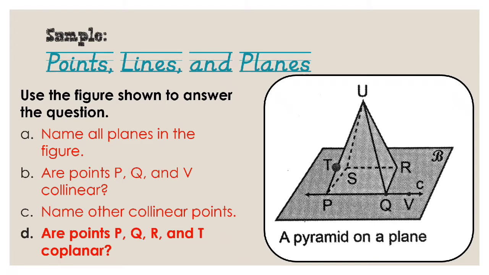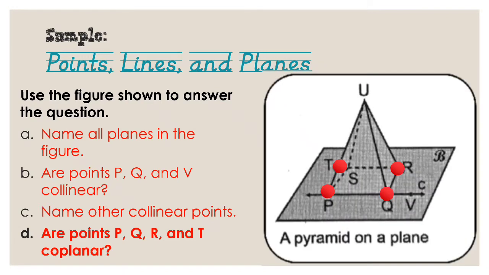Now we're down to the last task, which is: are points P, Q, R, and T coplanar? So let us again refer to the figure. Where are P, Q, R, and T located? Okay, there they are.